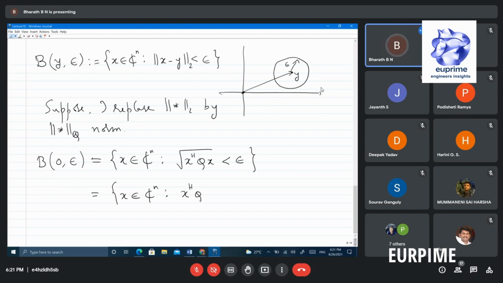Can you geometrically explain how it looks, for example in 2 dimensions? Q is symmetric, so keep that in mind. Q is positive definite. If it were zero, there would be nothing there. It's a non-zero matrix.